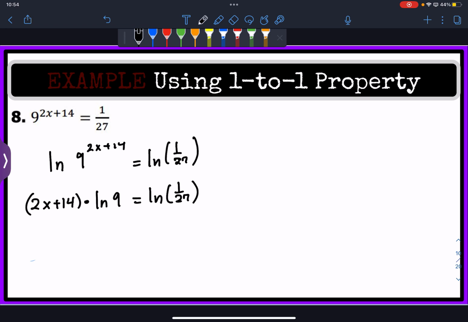So we have that. Dividing by the natural log of 9, 2x plus 14 equals the natural log of 1 over 27 divided by the natural log of 9.